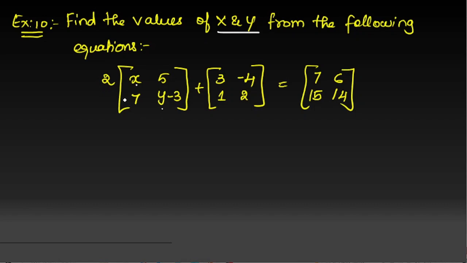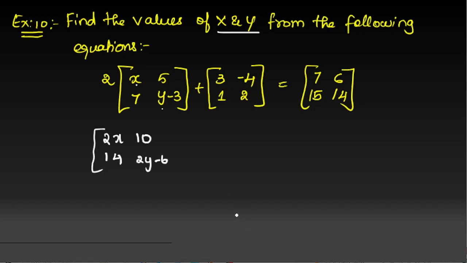Okay. So now first we have to find what? Scalar multiplication of matrix. So what you get when you do the scalar multiplication? So you are going to get 2x, 2 5s are 10, 7 2s are 14, and 2y minus 6.